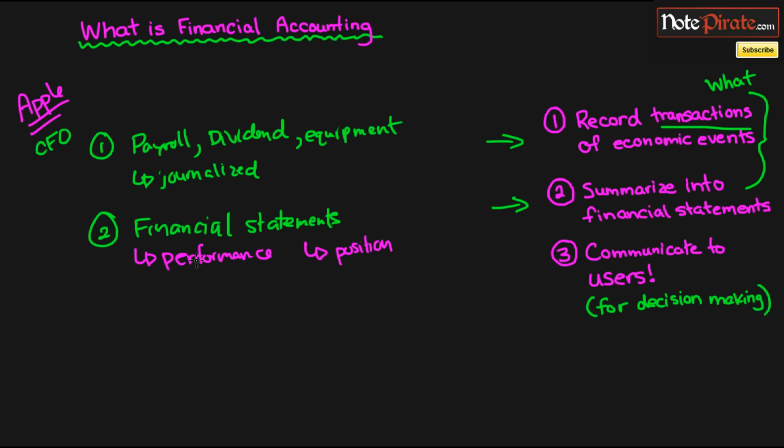And once they have an idea of how the company is performing as an entity, they're able to make a decision based on all of that information, which is our third characteristic of financial accounting, and essentially why we have financial accounting information: to communicate it to users like that bank we had initially and those venture capitalists.